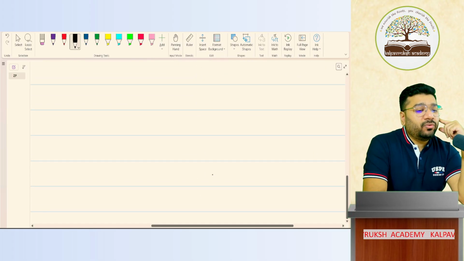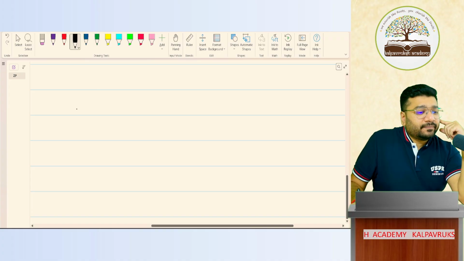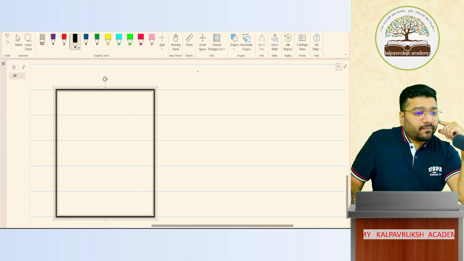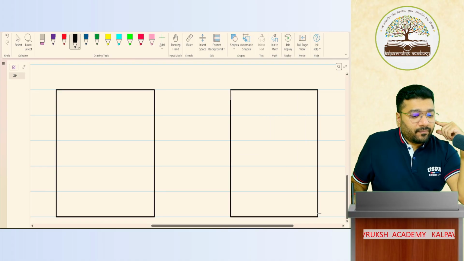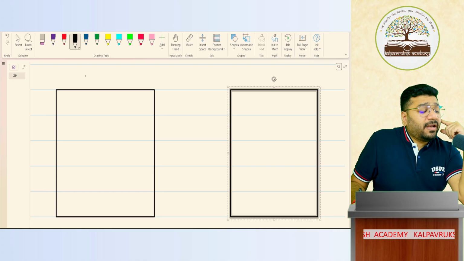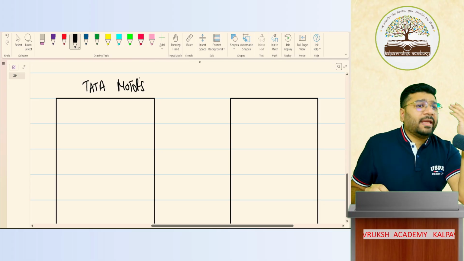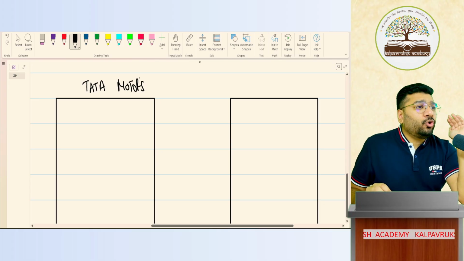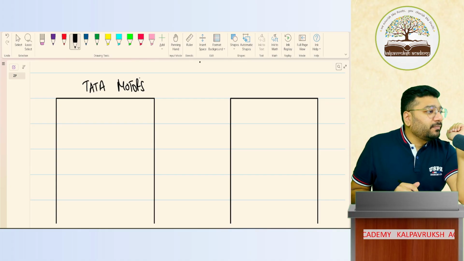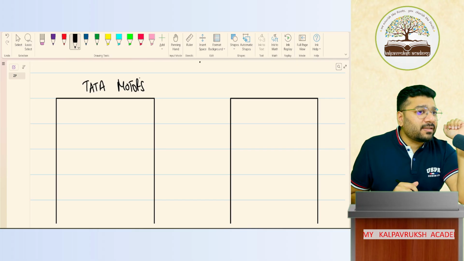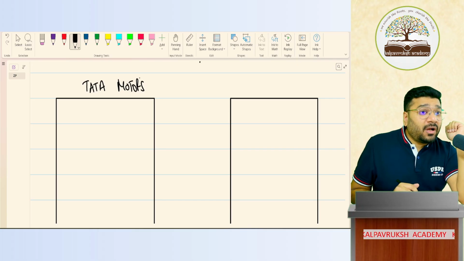Okay. Let me give you two examples. Take the example of Tata Motors. You take any Tata Motors showroom, and the showroom will have some display cars. Yes or no? If you take any car showroom, it has display cars. Do they have the stock of the cars? Yes.